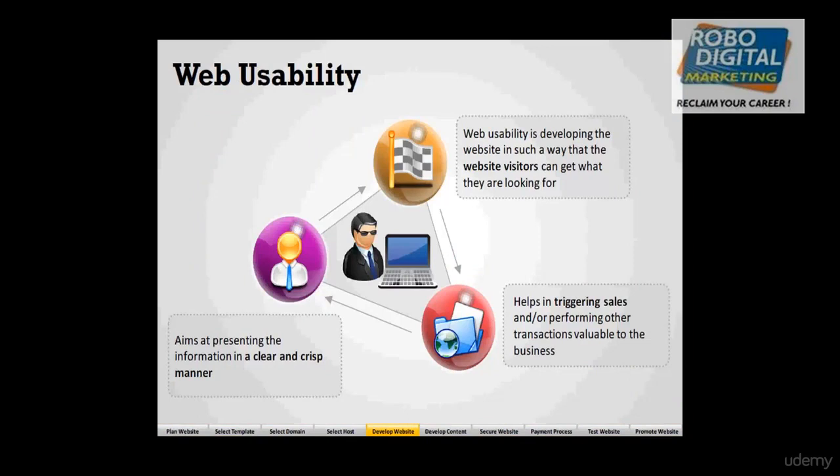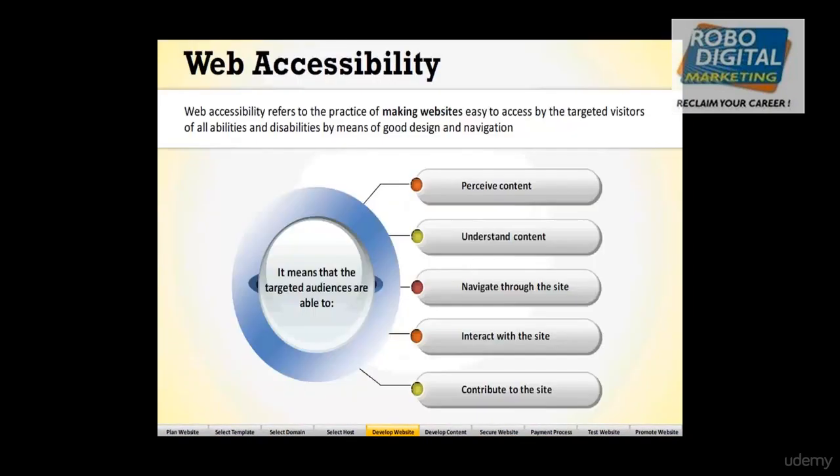Now if we talk about the usability of our website, we should remember these 5 points. Perceive content, understand content, navigate through the site, interact with the site, contribute to the site. Our target audience should perceive the content we are putting on. They are able to understand the content. They can move across the website.